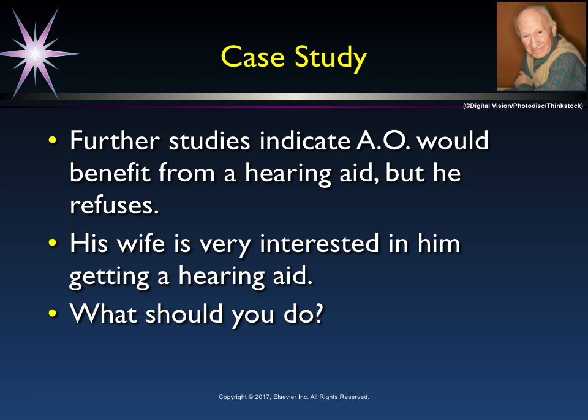So AO had some other studies, and they indicated that he would benefit from a hearing aid, but he refuses. His wife, however, is very interested in him getting a hearing aid. So what do you think you should do? Well, try to understand his reason for refusal. It could be that he's embarrassed with the idea of wearing a hearing aid, so his self-concept may be involved.